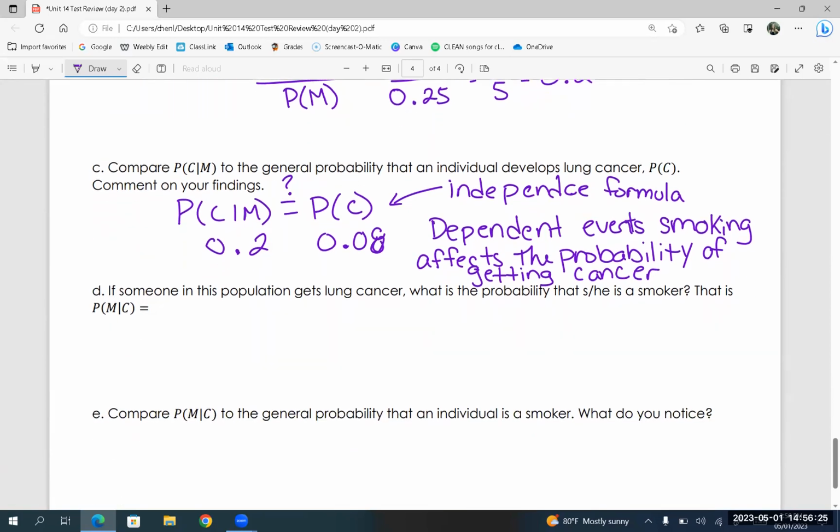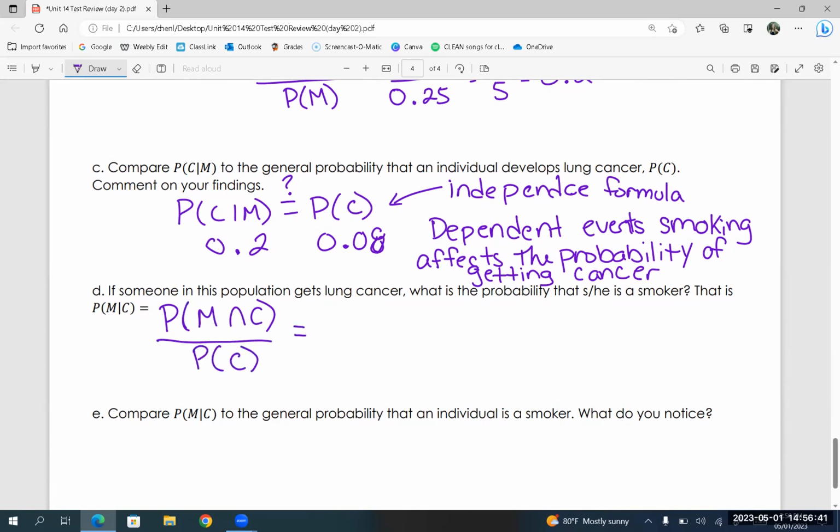Okay, part D: if someone in this population gets lung cancer, what is the probability that she or he is a smoker? That is the probability of M given C. That would be the probability that they smoke and have cancer divided by the probability that they have cancer.